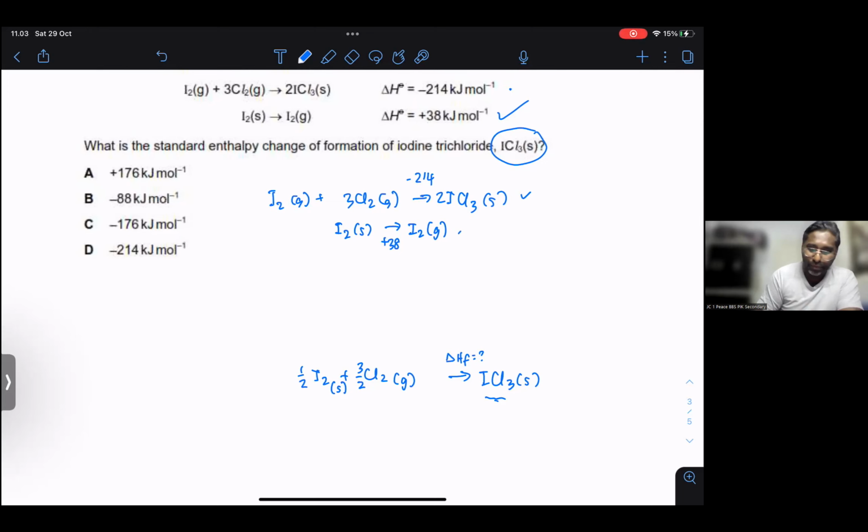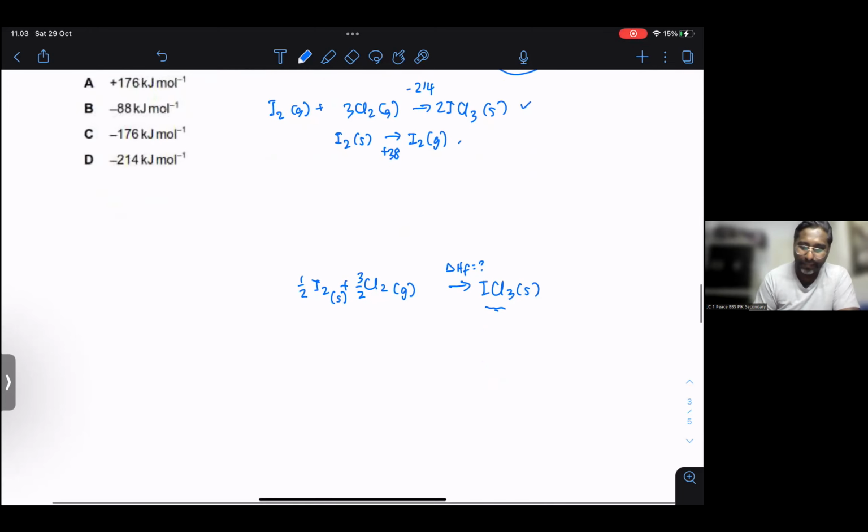Let me show you both methods, I think that's better. If I want to find this HF, ICl3, let's say I use the rearranging method first. ICl3 solid is on my right.